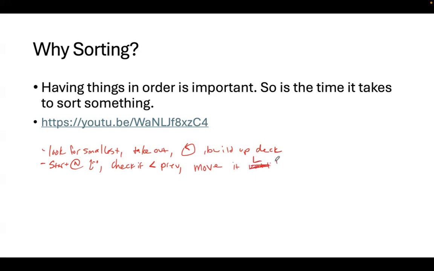Move it left to the correct spot. Okay, anybody else?